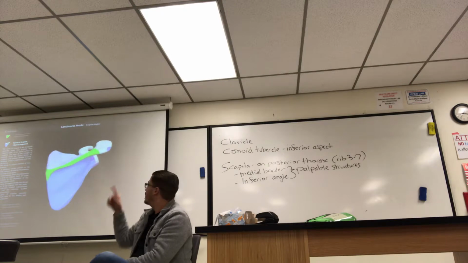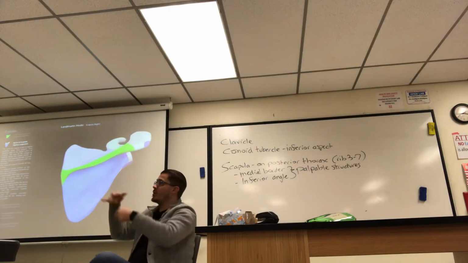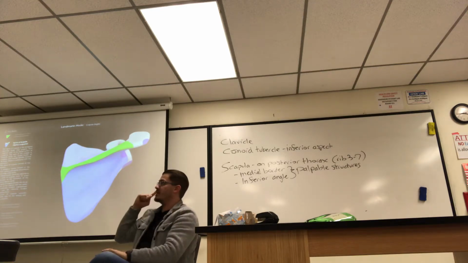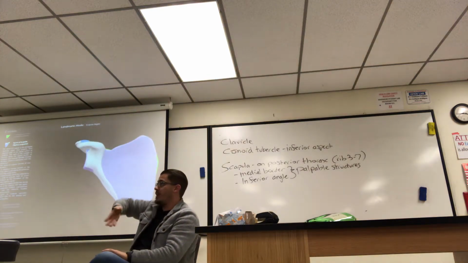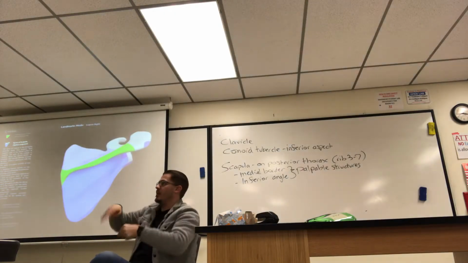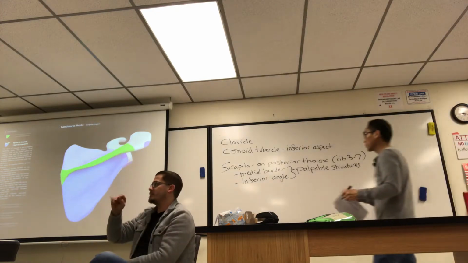There it is, highlighted in green. You can palpate that too. That's how I tell the front from the back. This is the posterior aspect. When I rotate it around to the front, you don't see it. Okay? That's the scapular spine, or spine of the scapula.